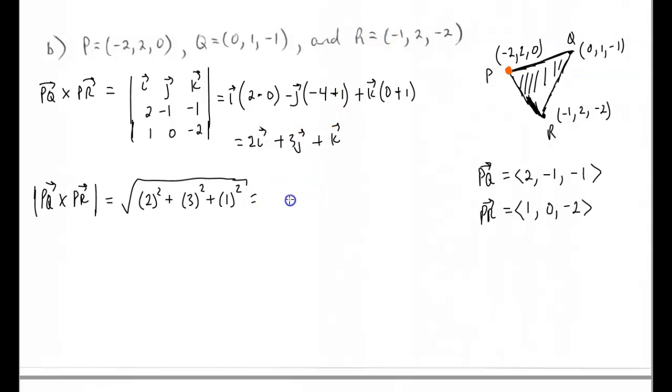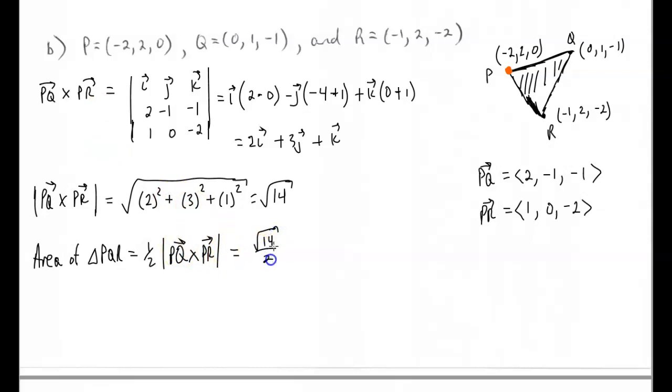And I'll write that a little bit more compact. All right, so now that we have that, we know that the area of our triangle PQR is just going to be 1/2 of the magnitude of this cross product pseudo vector, and that's just going to be square root of 14 over 2 square units.